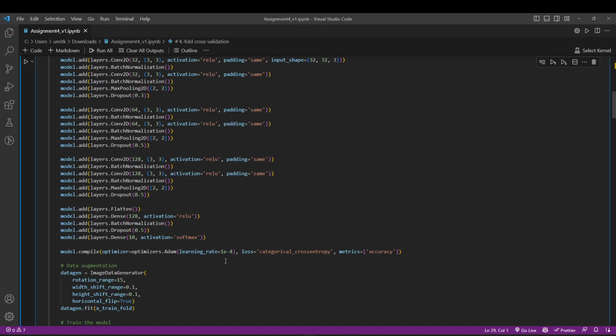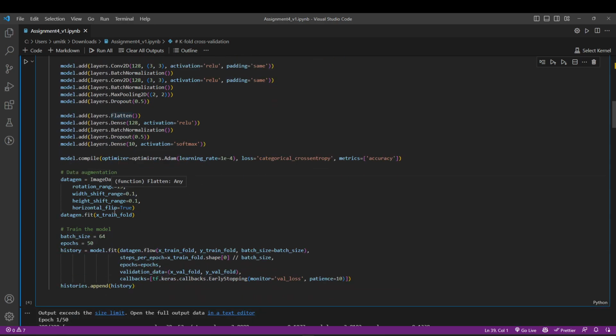We set the rate to 1e-4, which is 0.0001, and it's a commonly used value for the learning rate in deep learning, because it provides a good balance between the speed of convergence and the precision of the learned weights.